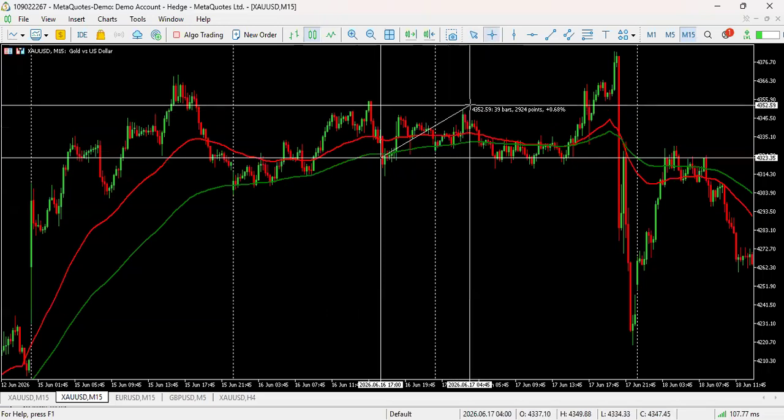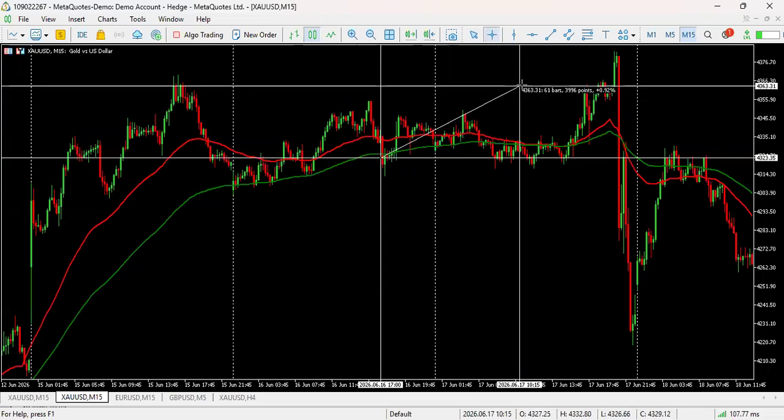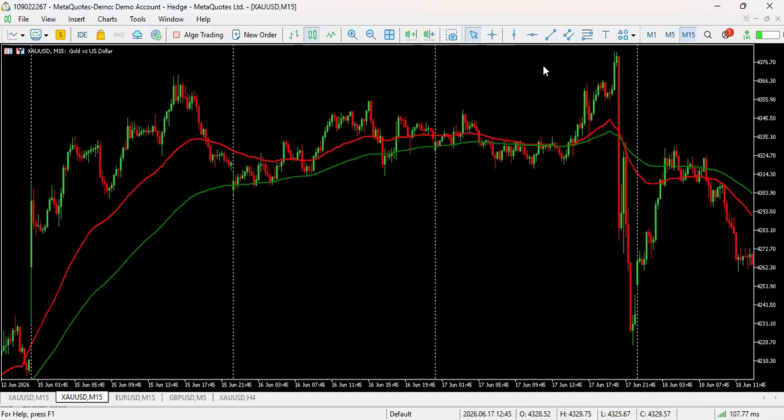So 185 here. We can hold this. We hold this trade until either this high, which we did get, and then we got this push to the top. So let's say 185 times 500.